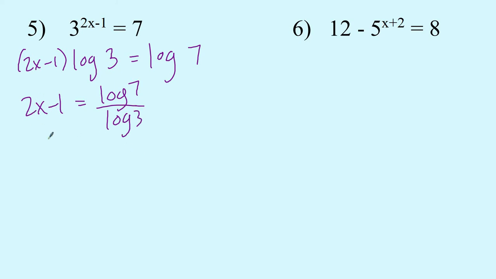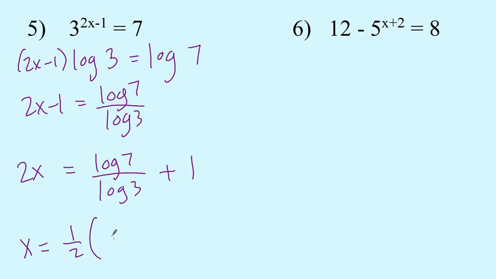Now here you're just simply getting that x by itself. So add 1 to the other side. You do not have to worry about combining it because it doesn't have a log. So just leave it on the outside. Then we want to get rid of that 2. Well, instead of dividing by 2, I could just multiply the whole thing by 1/2.